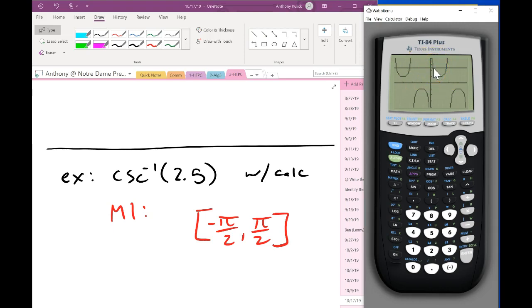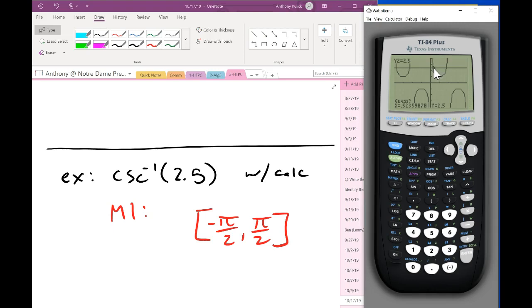So how do we find that intersection? Second, trace. And which command am I going to use? Intersect. So to use intersect, we need to indicate the two curves that we're using. So first curve, where's my cursor at? There it is. That's good. Second curve, okay, that looks good. Guess. Here you're going to have to be careful. You're actually going to have to make sure your guess is really close to the intersection you want, because there's 4 of them, and unless you're careful, the calculator's probably not going to find the one you want it to find.